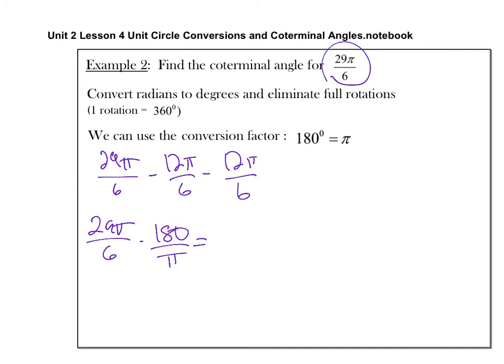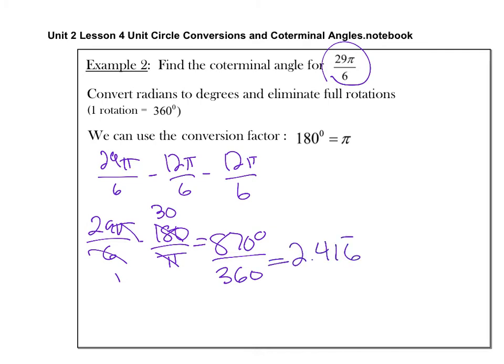So doing that, I get 870 degrees. So 870 divided by 360 is going to be 2.416. So this is representing 2 rotations. And then I'm going to take 0.416 repeating times 360.